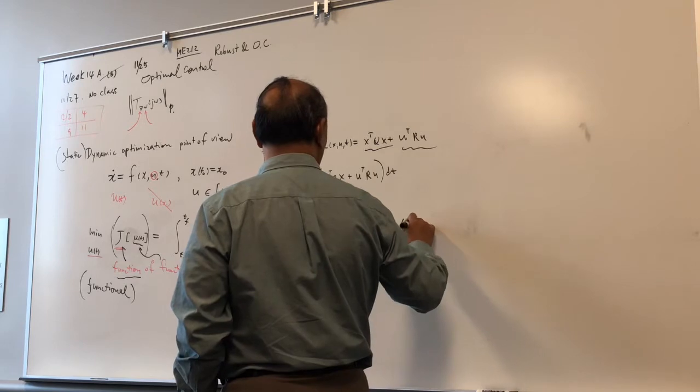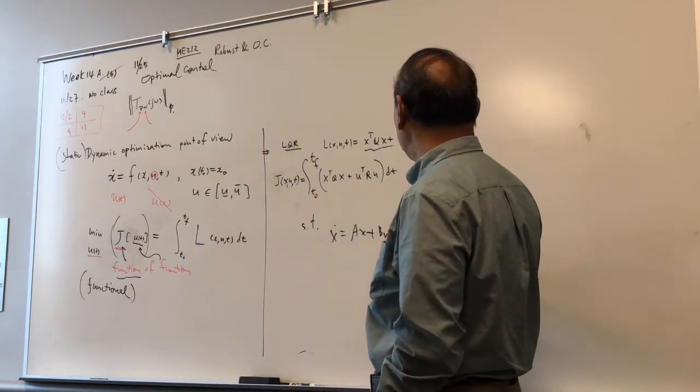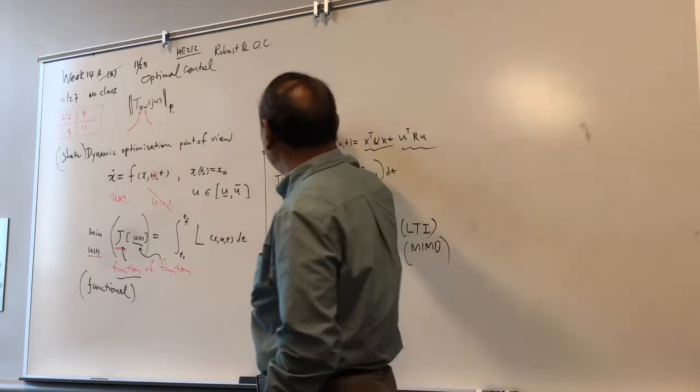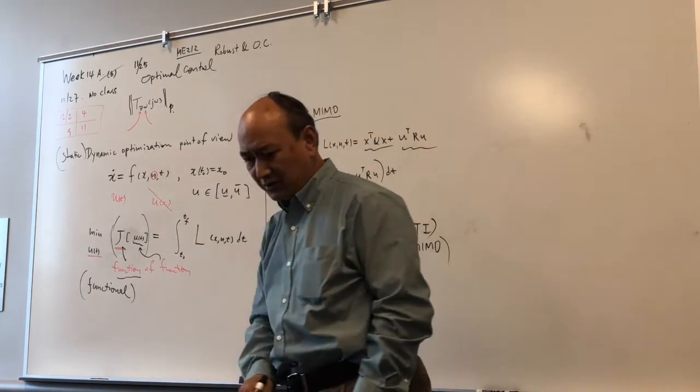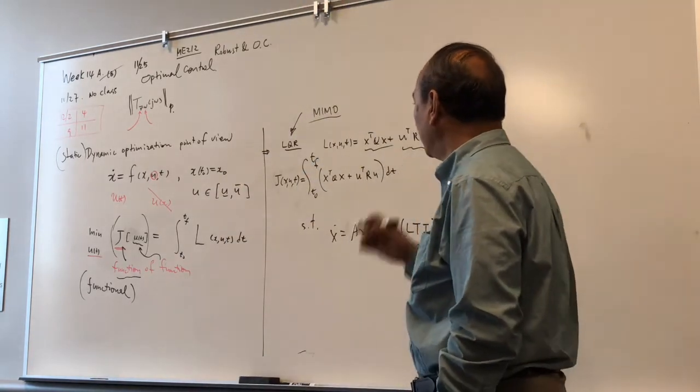So this is an LTI system. The reason LQR is nice is because it can take care of MIMO automatically, multiple input and multiple output. That's why LQR is useful.